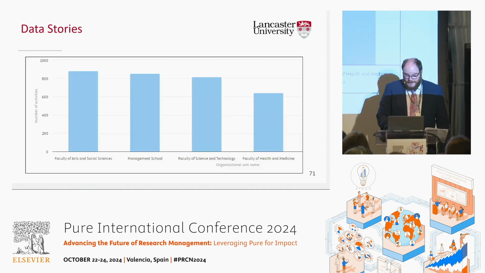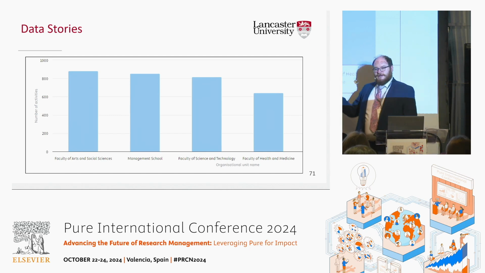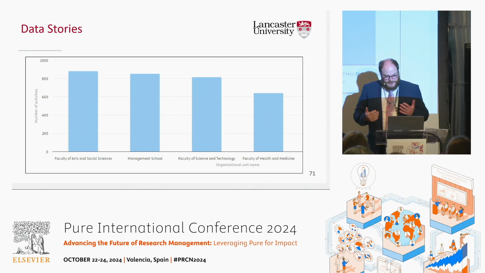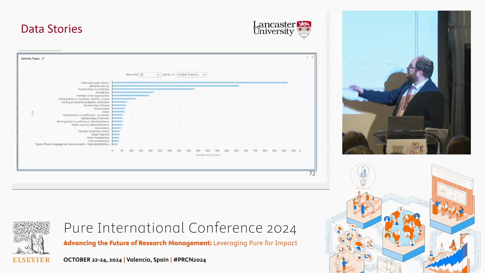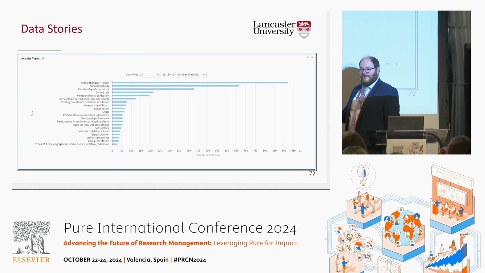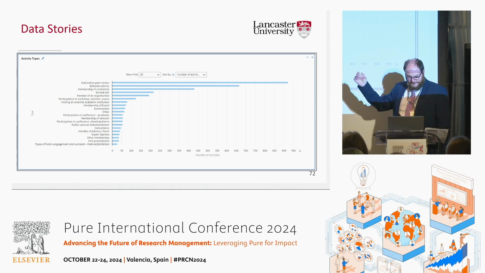Okay. We can then use the reporting module to pull out nice graphs, which people like to see. Again, this is all dummy data. It's an example of what we can show. So you can list it by faculties, or you can list it by the type, and you can organise it alphabetically by type, or you can sort it by the most numerous at the top going down, or vice versa.